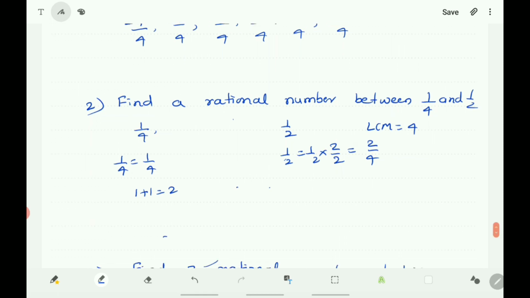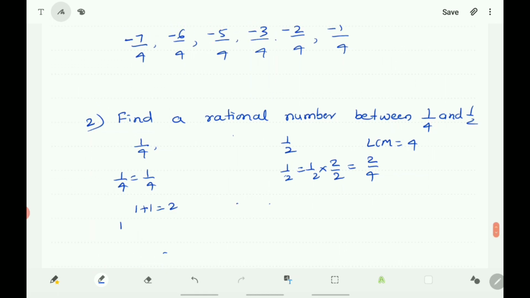Now you take 1 by 4 here. That is 1 by 4 equals 1 by 4 into 2 by 2, that is 2 by 8. And 2 by 4 equals 2 by 4 into 2 by 2, then you will get 4 by 8.